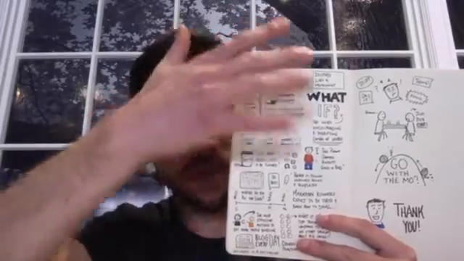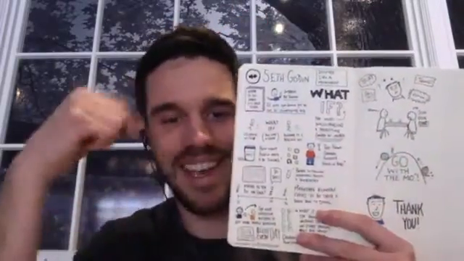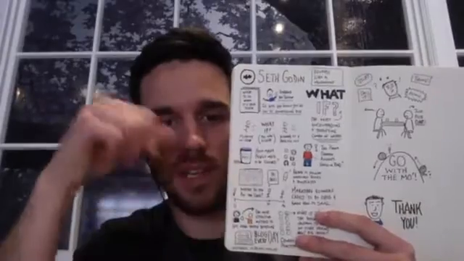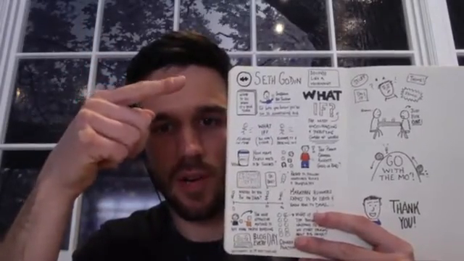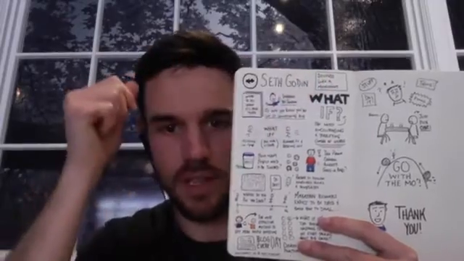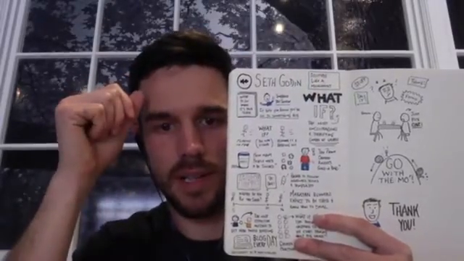This right here is more of the story structure. So I have Seth, I have CJ's logo, and I give a little bit more context there. So that's more of a story structure. And that's what I've done for most of these.